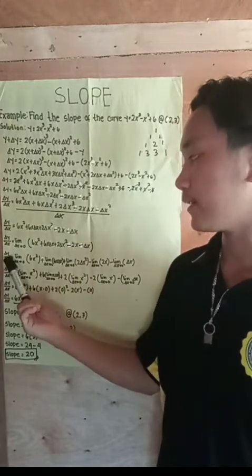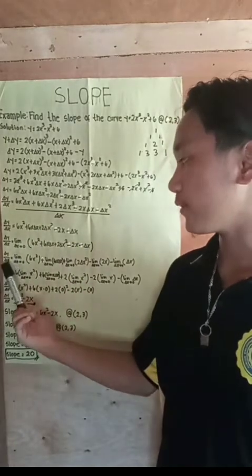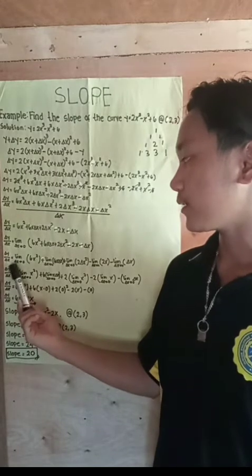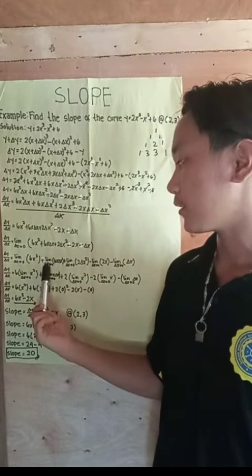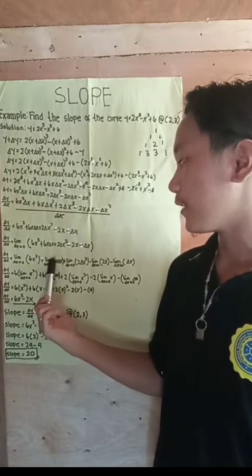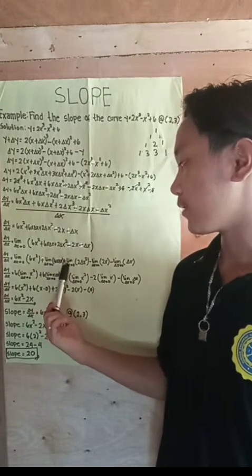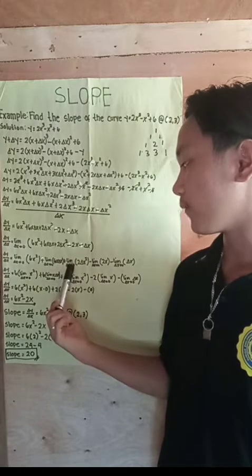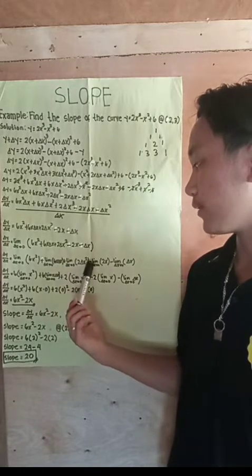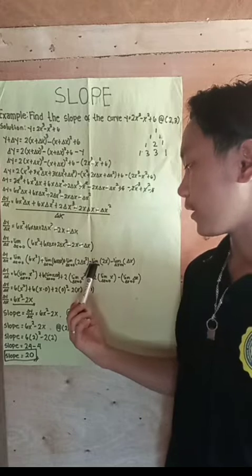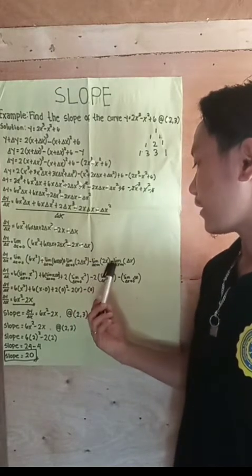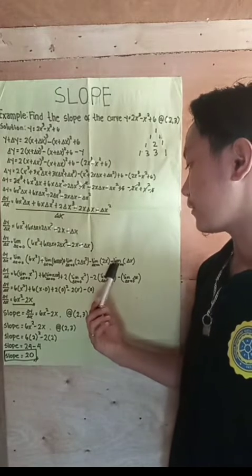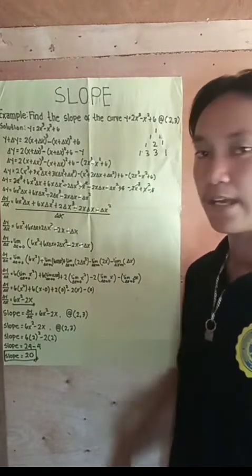Next, we separate it: delta y over delta x equals the limit as delta x approaches 0 of 6x squared, plus the limit as delta x approaches 0 of 6x delta x, plus the limit as delta x approaches 0 of 2 delta x squared, minus the limit as delta x approaches 0 of 2x, minus the limit as delta x approaches 0 of delta x.